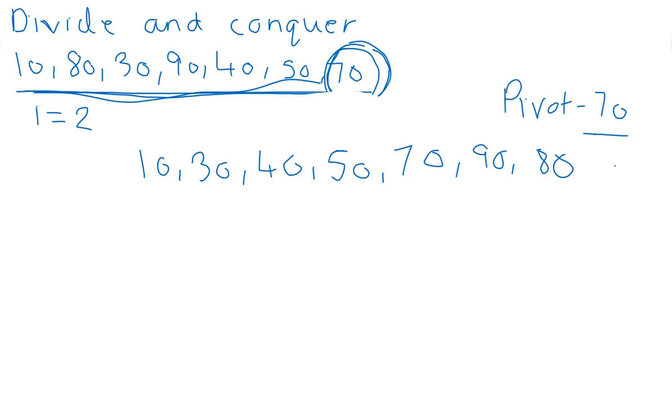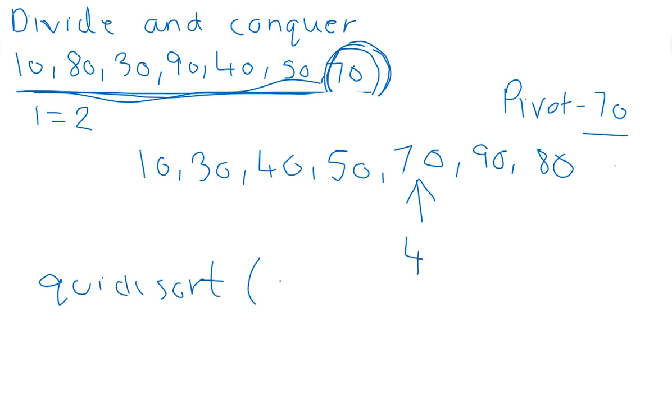And what will this function return? This function is going to return the index of the pivot element. The index is 0, 1, 2, 3, 4, so this function will return 4. Once this function returns 4, we are going to recursively call QuickSort with the left and right.